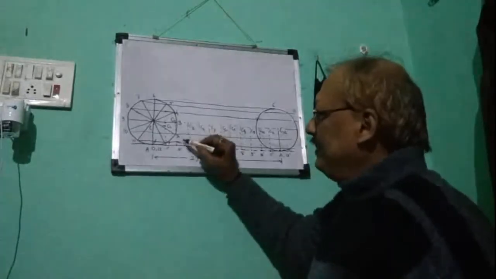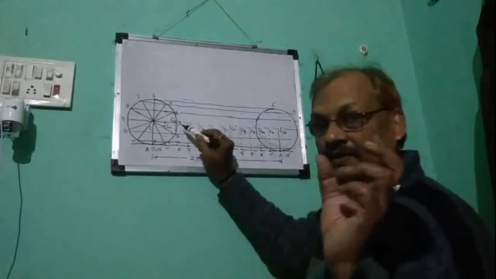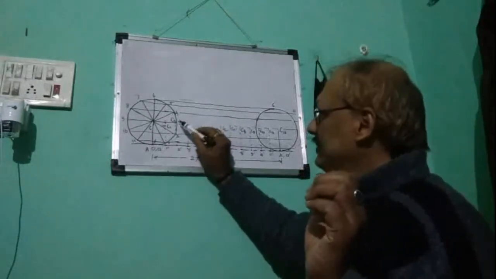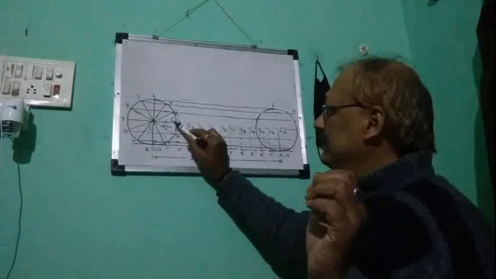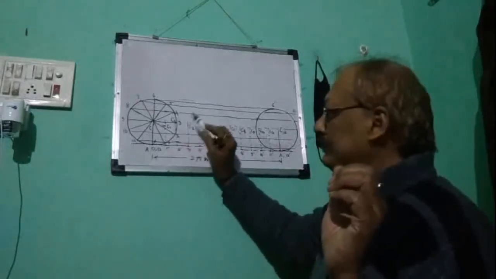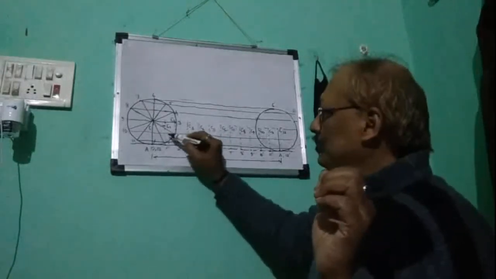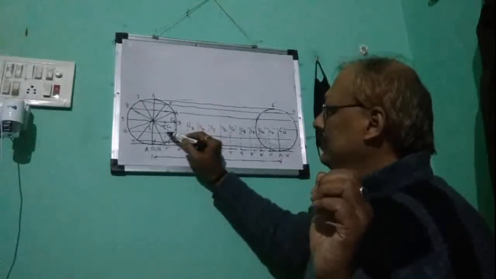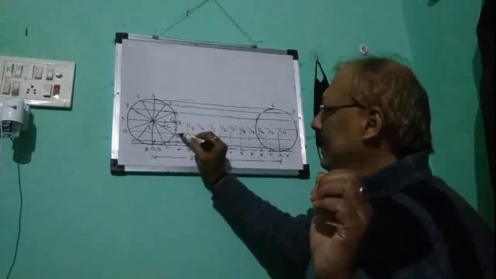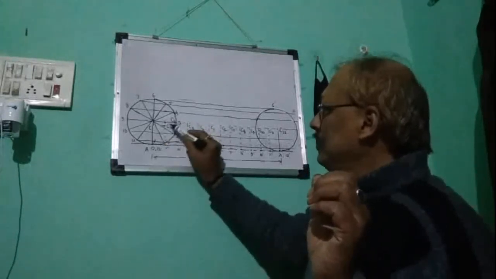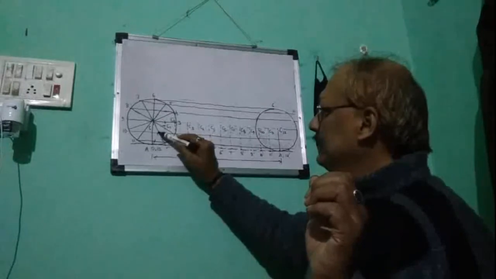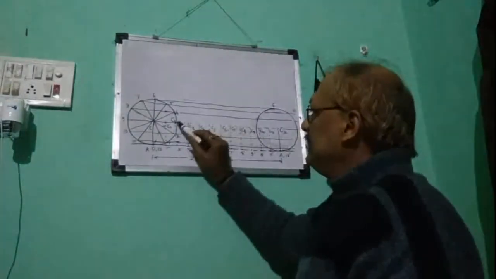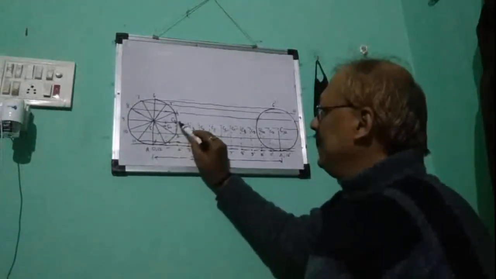Similarly, when 2 will fall on 2 dash, we will take an arc of radius R, taking center as C2, and we will cut the line through 2. So C2 is the center and the line through 2 is this. Here somewhere it will cut, and similarly from C3 we will cut on this line.